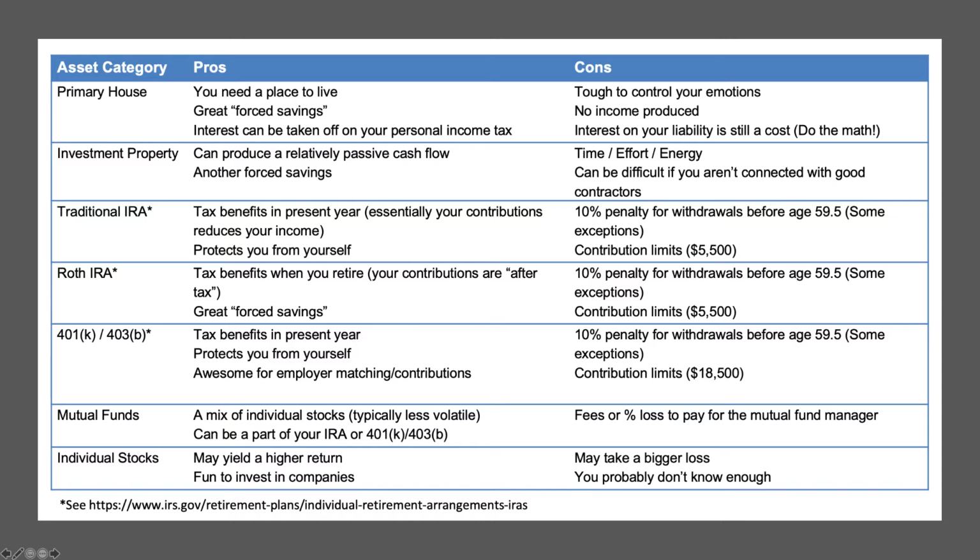So I'm always going to say, do the math. It's an advantage to take the interest off of the loan on your personal income tax, but it's not like a one for one. When you take out a loan, the loan has that interest itself. So say you paid $1,000 in interest on a loan for your house.